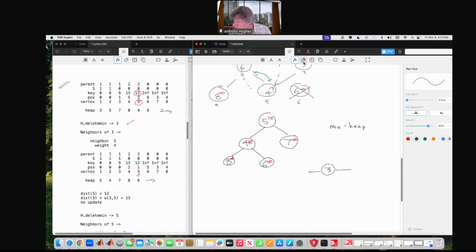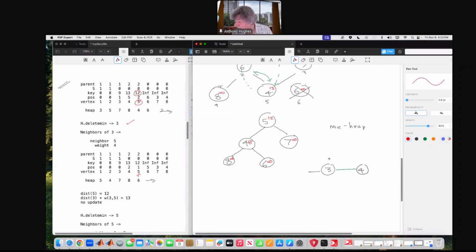I'll do that in orange. Neighbors in orange. It has one neighbor. Maybe make it green. And the neighbor is 4. So the 3, if we look at the heap, the key for node 3 is 9.